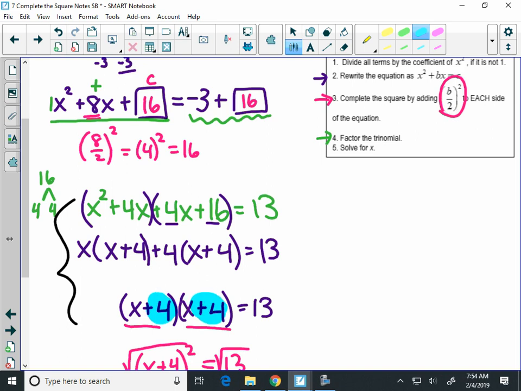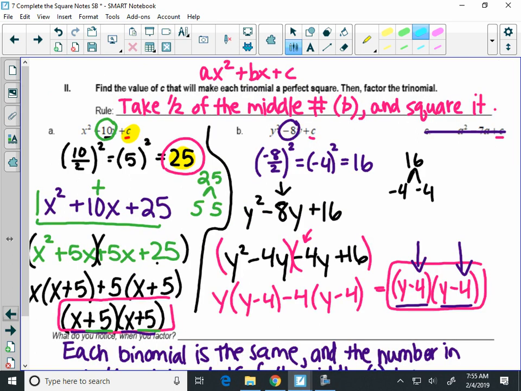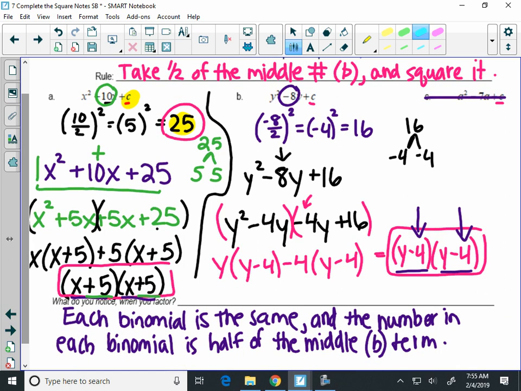And 4 is half of the middle term. In the previous problem, we did talk about this, but in part A up here, we had x plus 5 and x plus 5. 5 is half of 10.